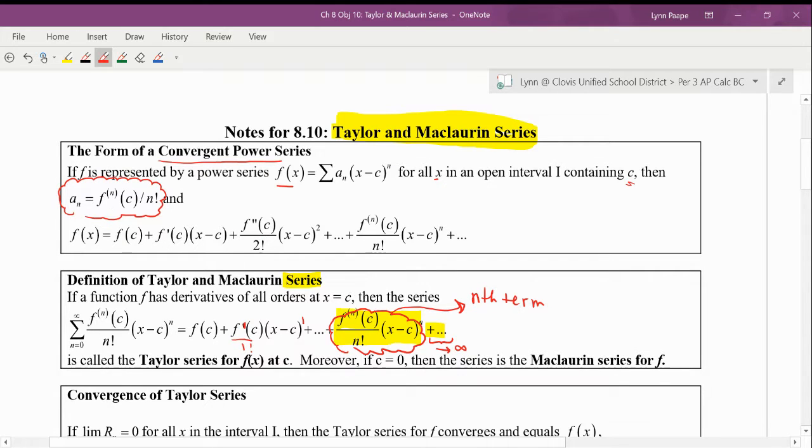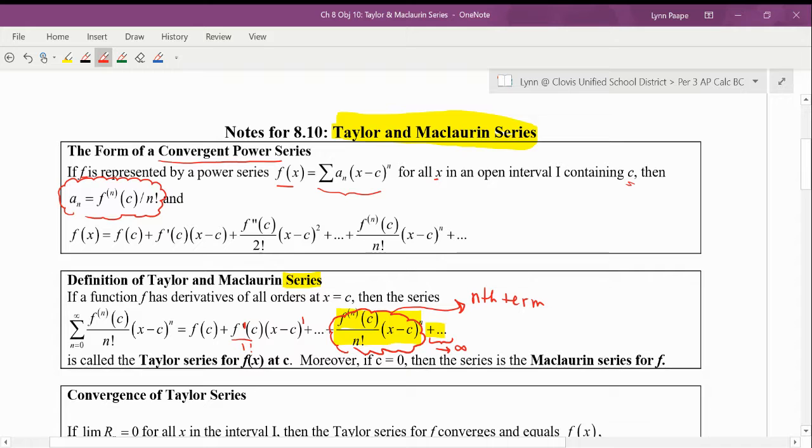That piece there is not unfamiliar to us. And f of x is equal to this guy right here. So we're looking at this as a converging power series as long as the function we're talking about can be represented by this. So some form of convergence that we will have.